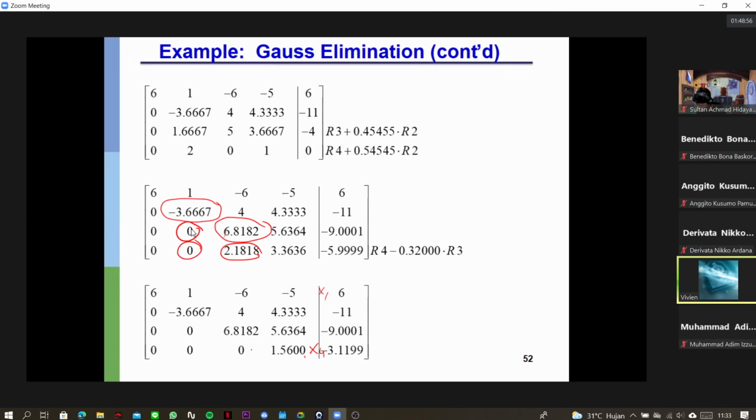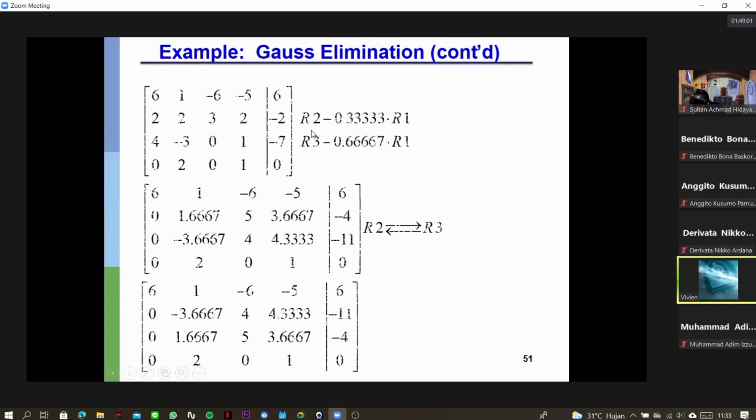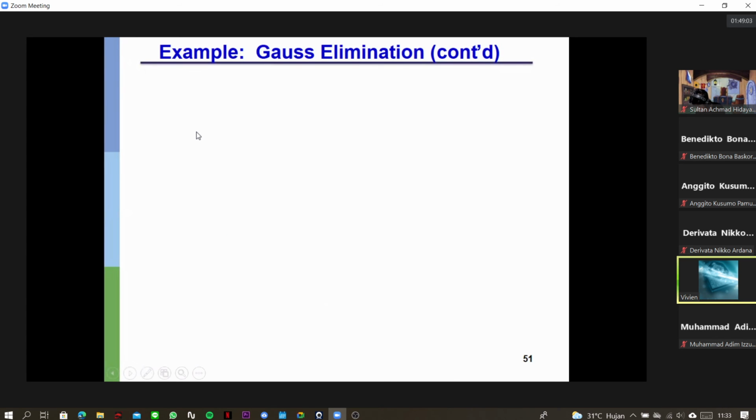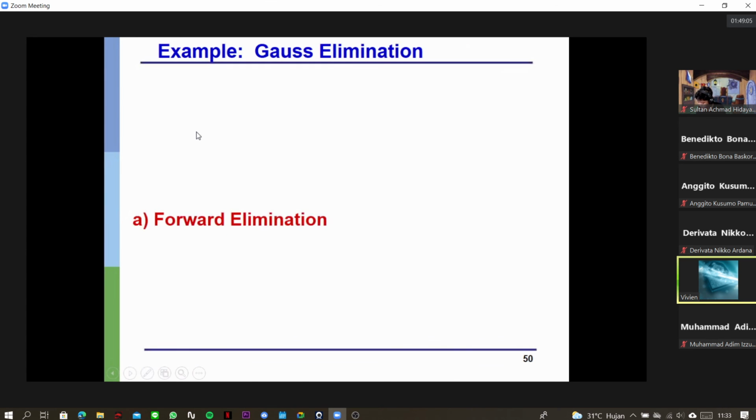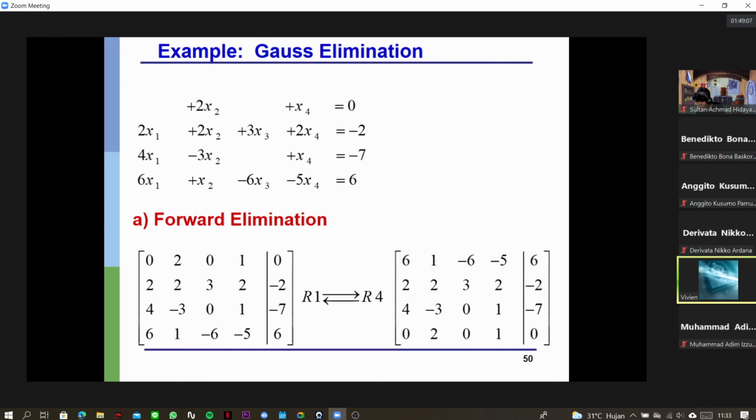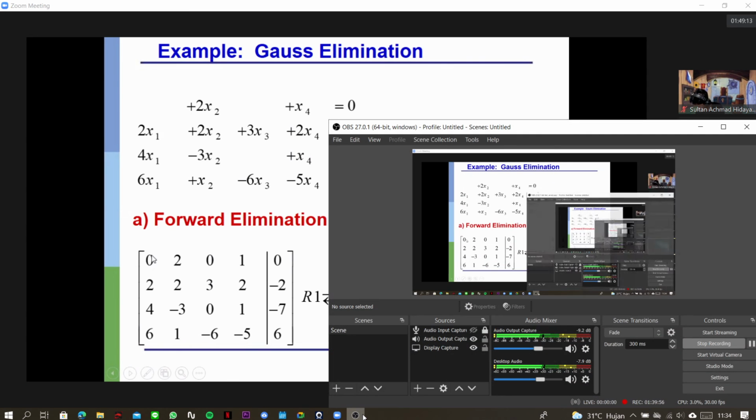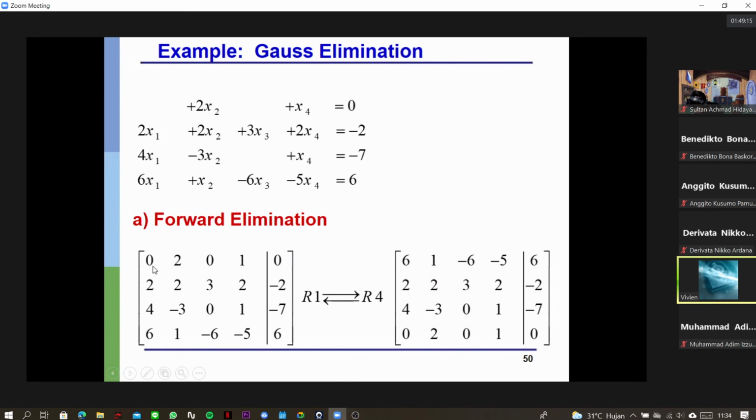Yeah. For example, this one, for the pivot. We try to find the largest value as the pivot element. For example, here we have zero in the pivot, so this is required to be replaced by another value because this is zero.